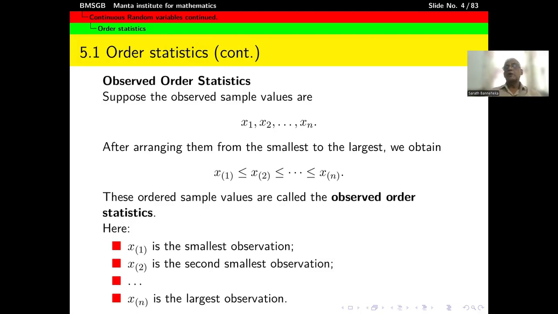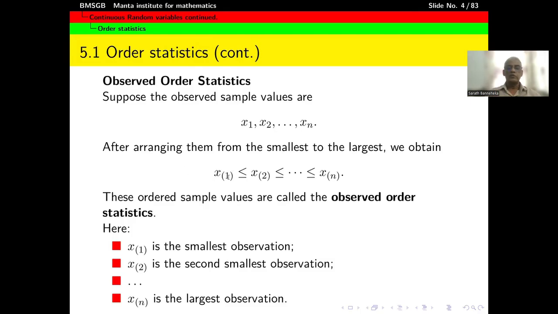Now, if you take another sample of size n, x1 up to xn, again, you will have x1, x2, x3, and so on. So if you do this again and again and again, in each situation, you will have a value for the smallest order statistic, the first order statistic, second order statistic, third order statistic, and so on. So the set of all possible values that x1 takes can be considered as the observed values of some random variable, right?